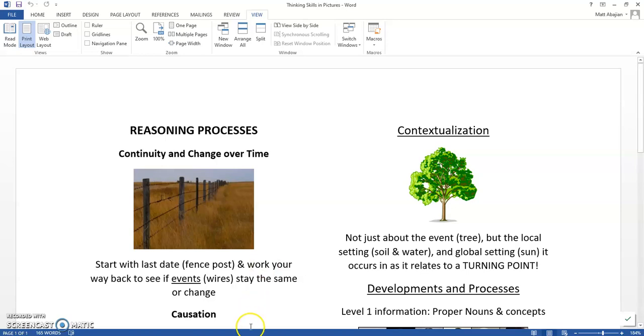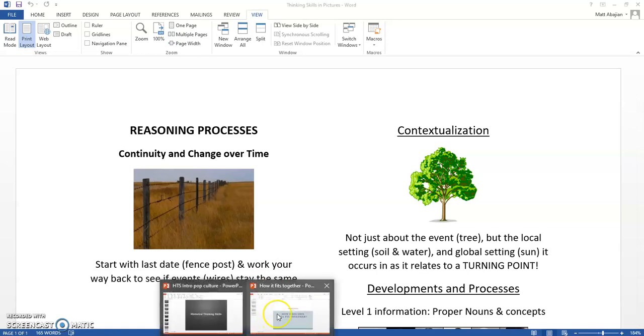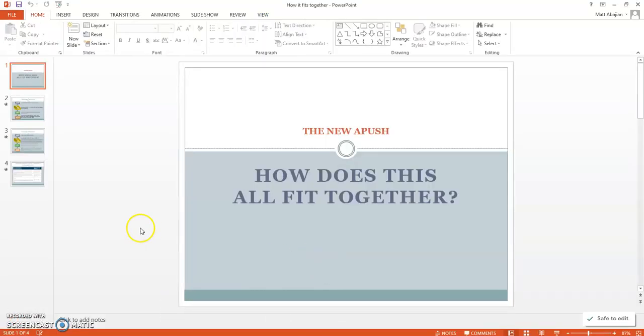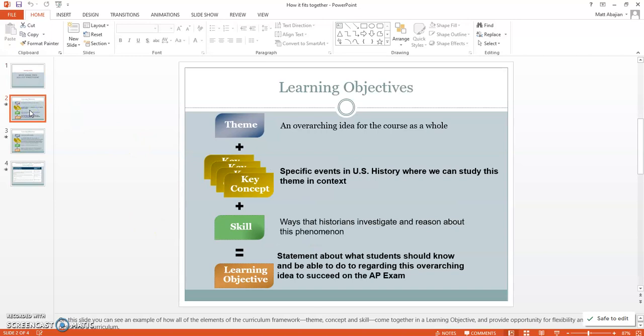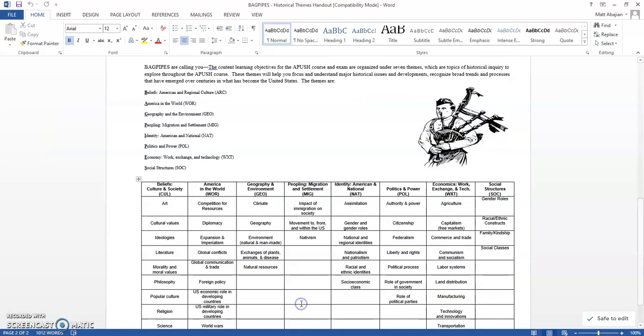So let's recap and see how this all fits together once again. So far we have talked through themes in this class, overarching ideas for the course as a whole. That's the bagpipes part that we've been using in class.